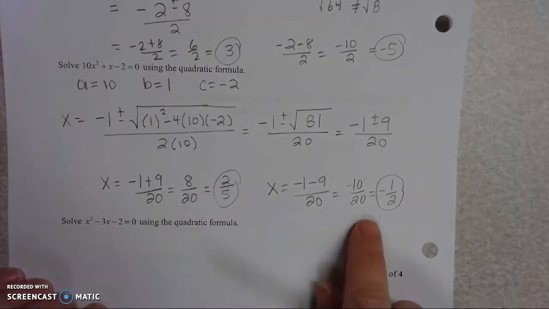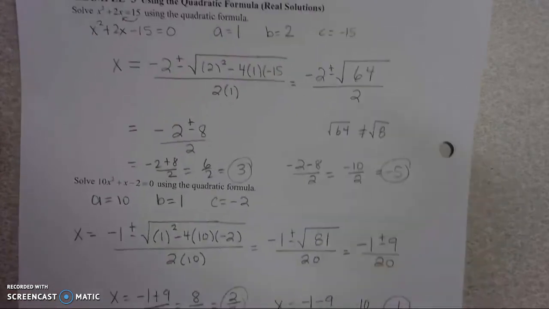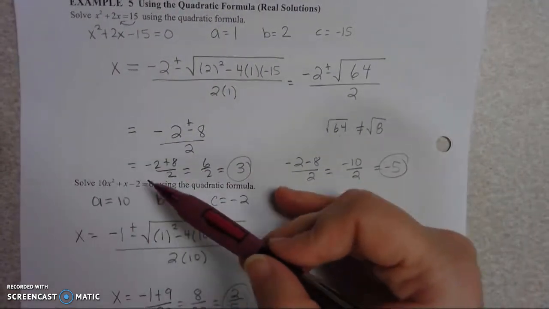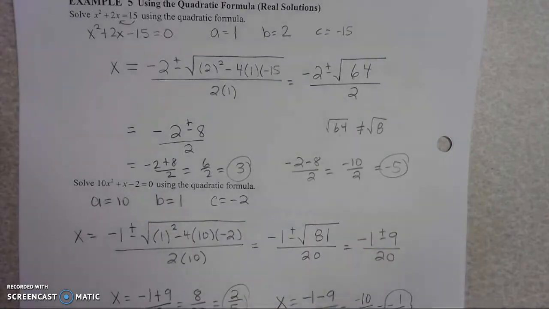To check my answers, I can take both of these, one at a time, and fill them back into my original equation and verify that the left side of the equation is the same value as the right side.